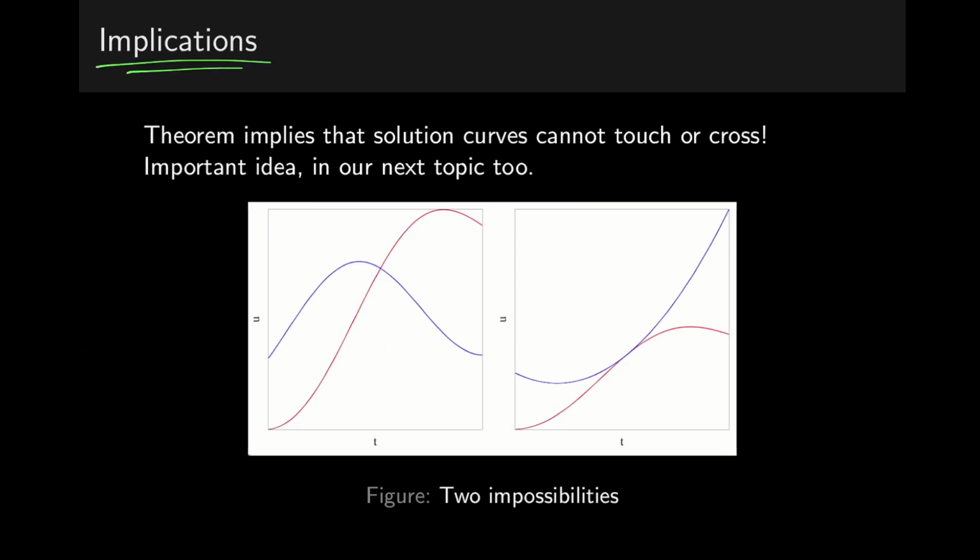So some implications from this theorem. This theorem implies that solution curves cannot touch or cross. Why is that the case? Well, part of it lies in that partial derivative condition.